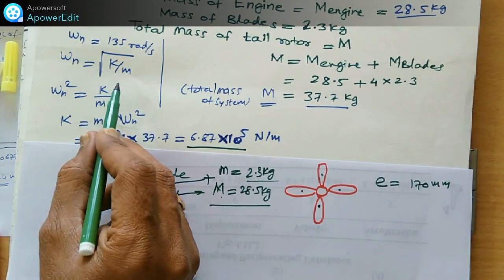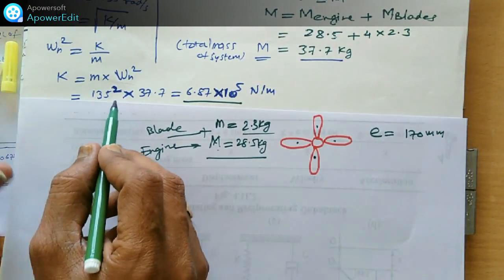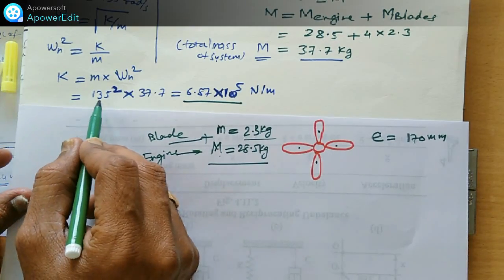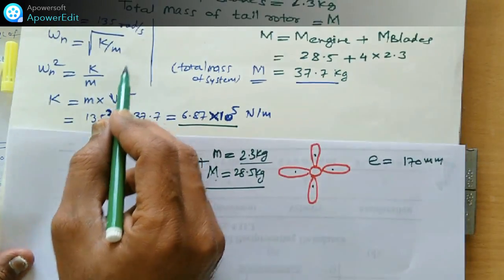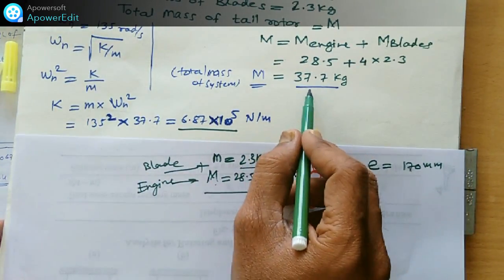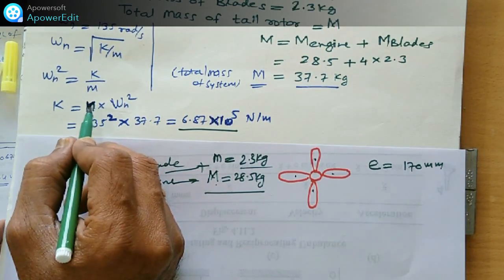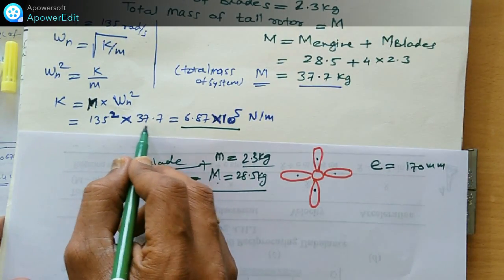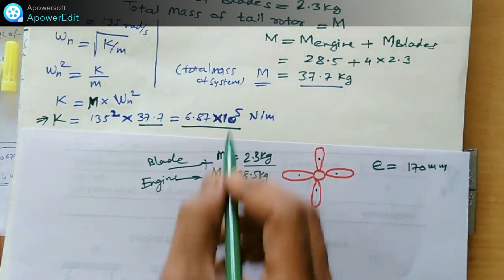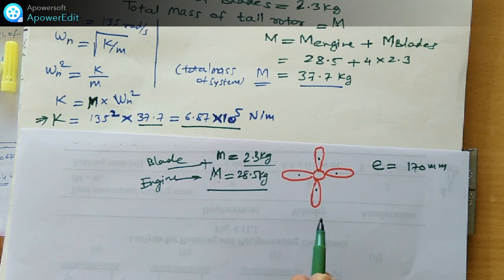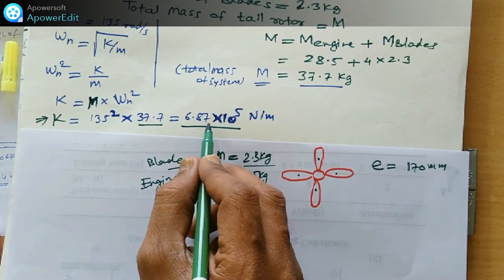Omega n is equal to the square root of K by M, so omega n squared is equal to K by M. So K is equal to M into omega n squared. Here omega n is given as 135, squared, into M, which we just calculated as 37.7, the total mass of the system with all 4 blades. The stiffness becomes 6.87 into 10 raised to 5.